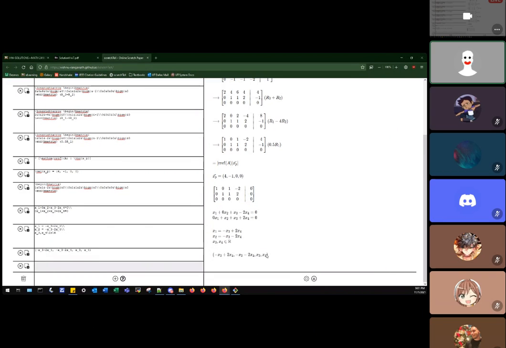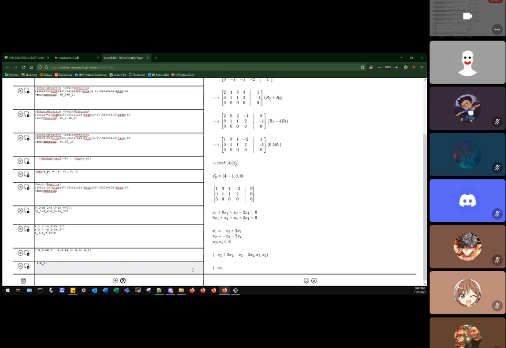But then you write this as two different vectors, right? One containing x3, one containing x4. So negative x3, negative x3, x3, 0, and the other vector is 2x4, negative 2x4, 0, x4.